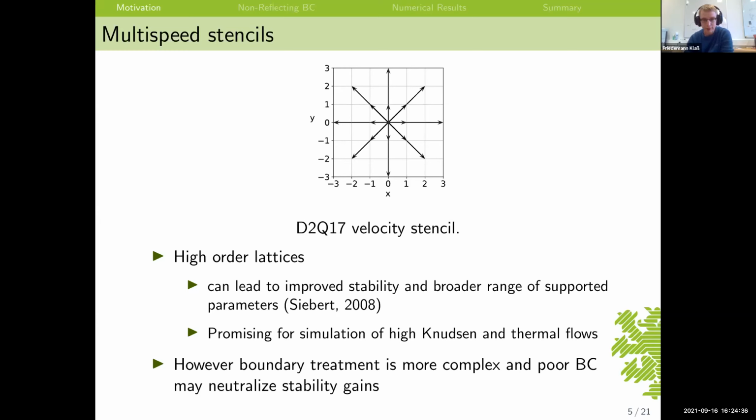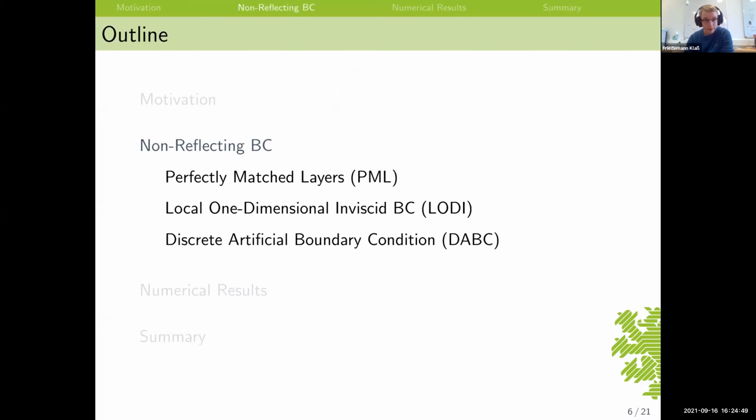The merging of these two concepts, at least to my knowledge, has not been done in literature. So we were curious to see what happens when you use non-reflecting boundary conditions in the multi-speed setting, and we wanted to have a look at this. So we turned to non-reflecting boundary conditions.